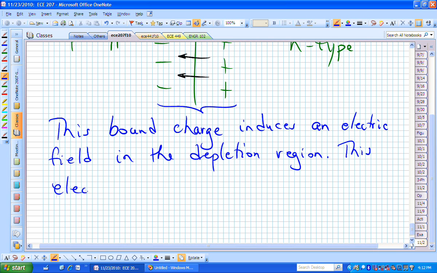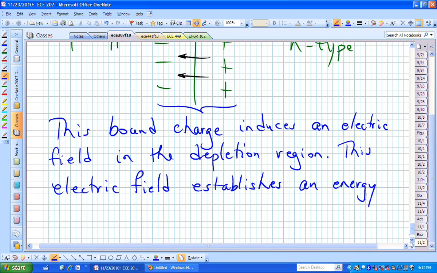This electric field puts up a slight barrier, or establishes an energy barrier, that impedes charge flow. And that's why we really only have current going in one direction in this diode.